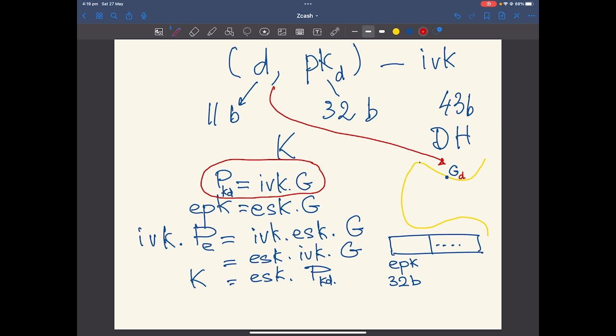But if the output was not encrypted with your IVK, so the note is actually for somebody else, the decryption will lead to garbage, a series of bytes that makes no sense. Of course, there's a checksum, a way to see if the decrypted message is valid. Therefore, you can recognize that this is not for you, but you have to try.